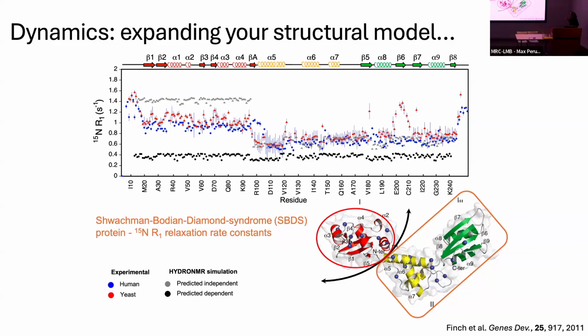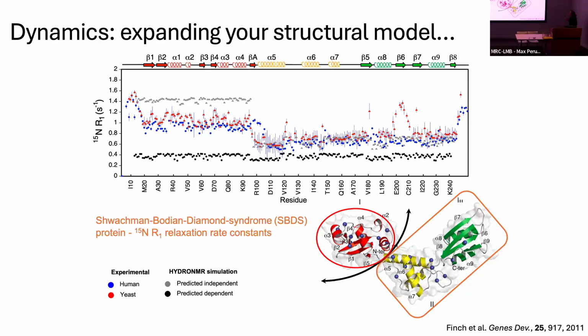And what you can see is that domains 2 and 3 are tumbling together as one entity. So that means that their relative positions are going to be fixed, they're the same. Whereas the first domain has some pseudo-independence, and it has a different overall T1 value. And you wouldn't have known that from the AlphaFold assessment of the relative positions of the domains.